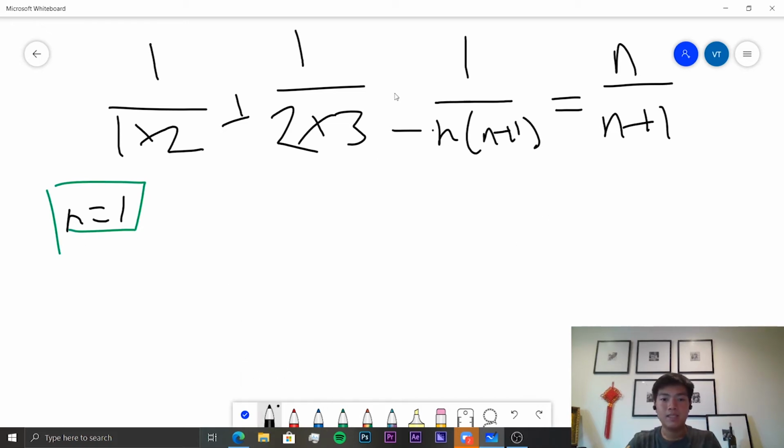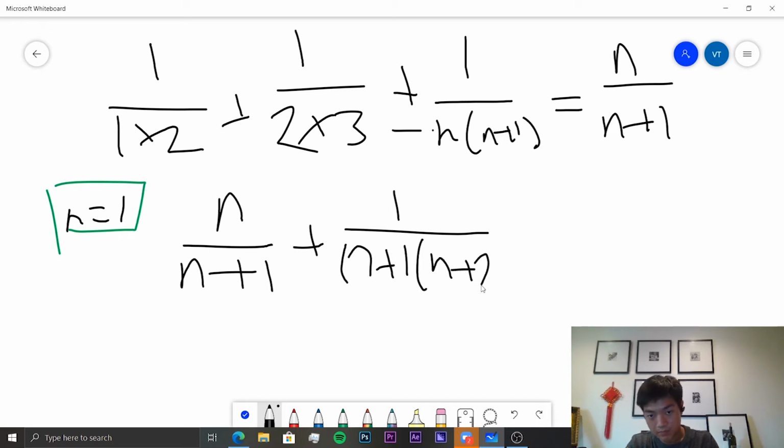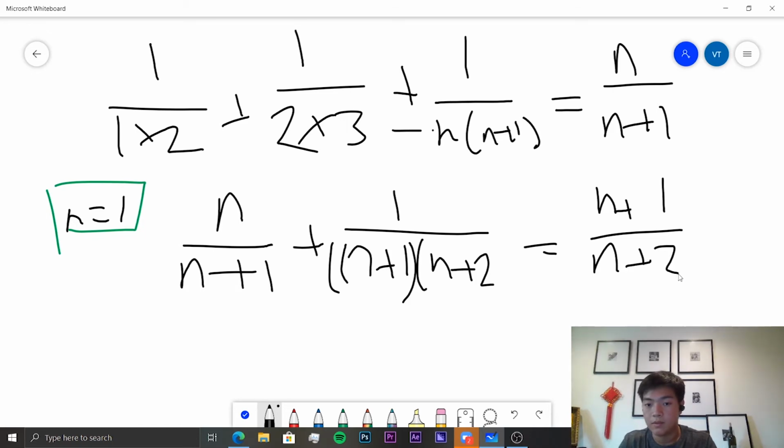So what we need to prove for the inductive step is that n over n plus 1, assuming it's true, plus 1 over n plus 1 times n plus 2 is equal to n plus 1 divided by n plus 2. Okay.